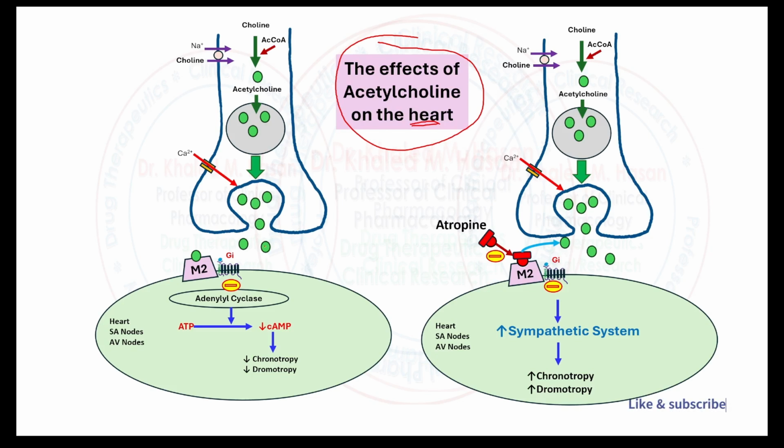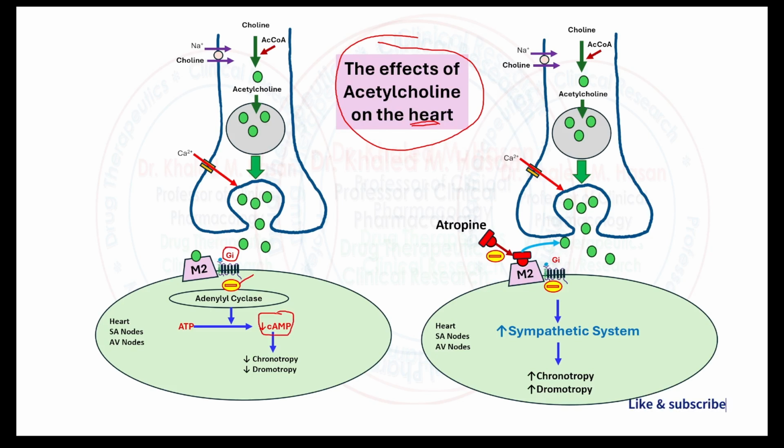When acetylcholine arrives at the heart, we have the M2 muscarinic receptor. We know from pharmacodynamics and the previous slide that the M2 receptor activates the Gi protein. This inhibits adenylate cyclase and decreases cyclic AMP.